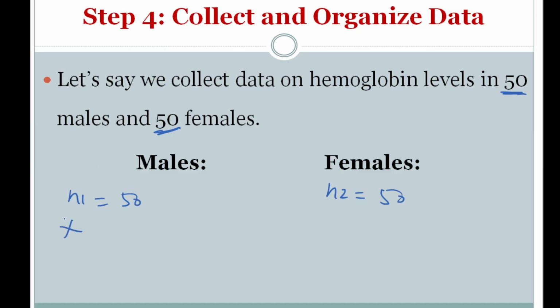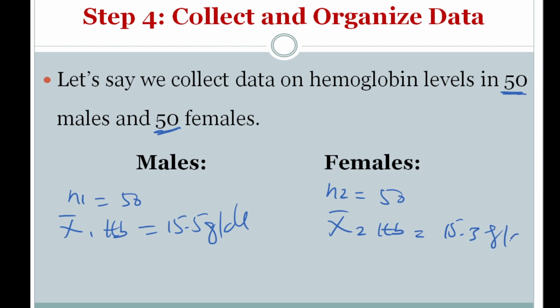And now the mean hemoglobin level in male will be, for example, 15.5 gram per deciliter, and similarly mean hemoglobin level of female, represented by x bar 2, is 15.3 gram per deciliter, and standard deviation 1 here is 1.5, and here it is standard deviation 2, 1.0 gram per deciliter.